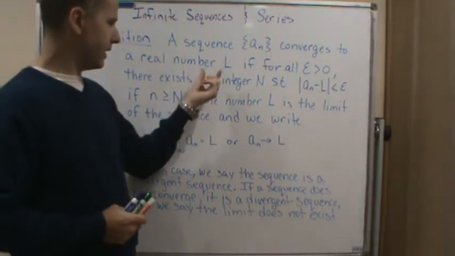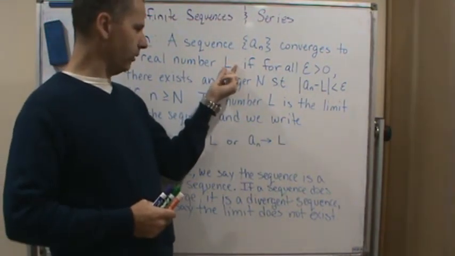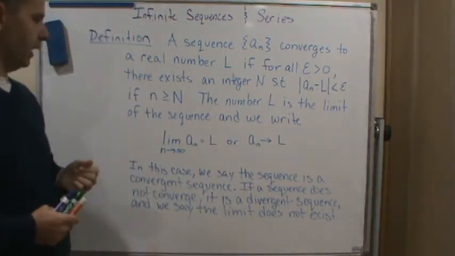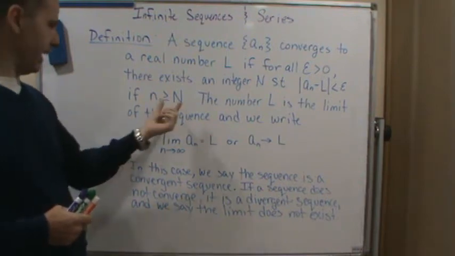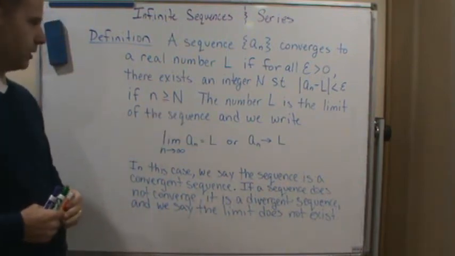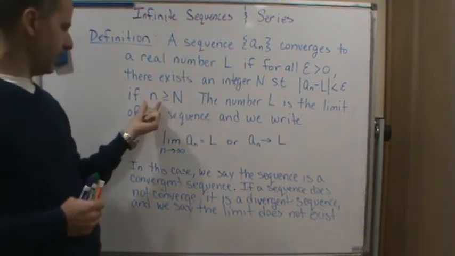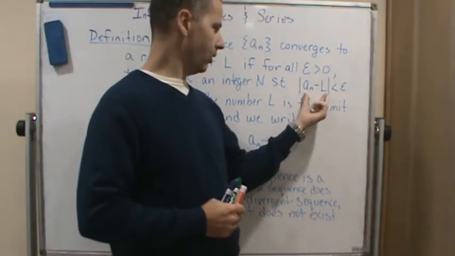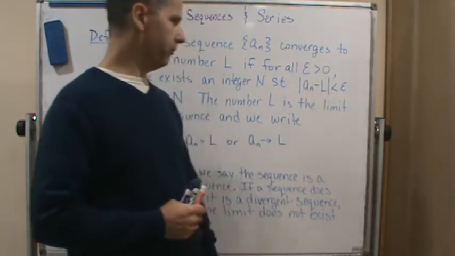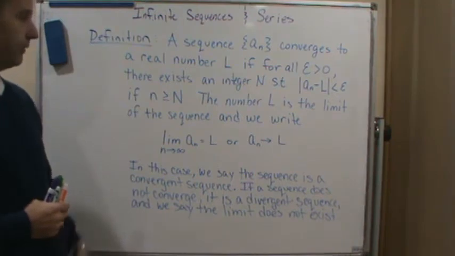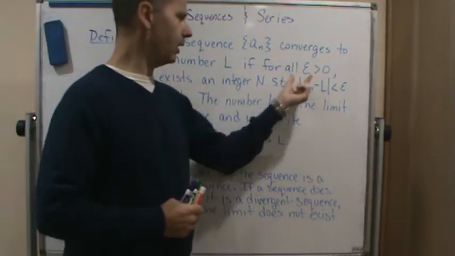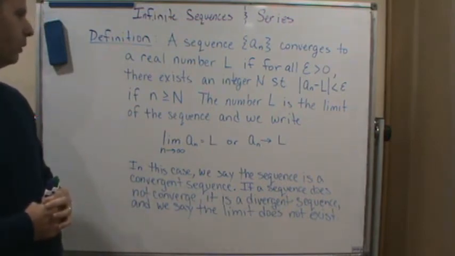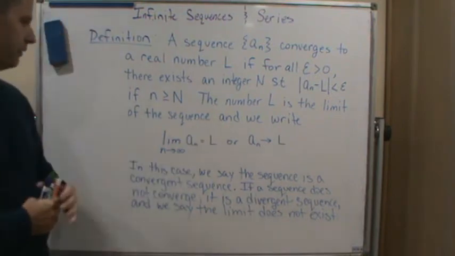What we're saying is, if we want to get sufficiently close to L, let's say within some positive epsilon, then as long as there's some value of N that we can choose, such that the index is greater than or equal to that value, we're guaranteed to be within epsilon of this limit L. And if that's true for all epsilon, no matter how small we make it, then we would say that L is the limit of the sequence.